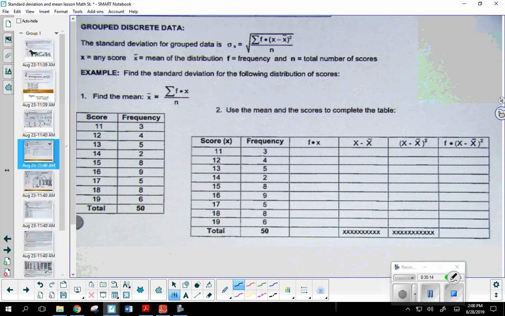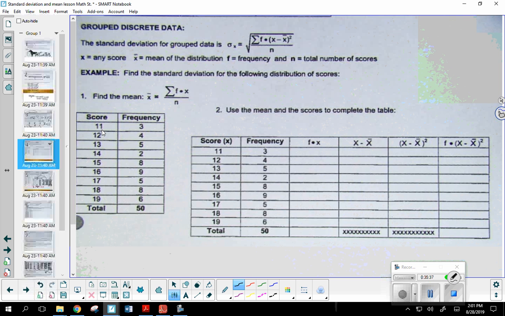Now, what if we had a frequency table, but I still wanted to figure out what the standard deviation was for it? Remember, you could list this whole thing out. For example, it says there's a score of 11, and then it says frequency 3. What is that actually telling me? What's that, Ellen?